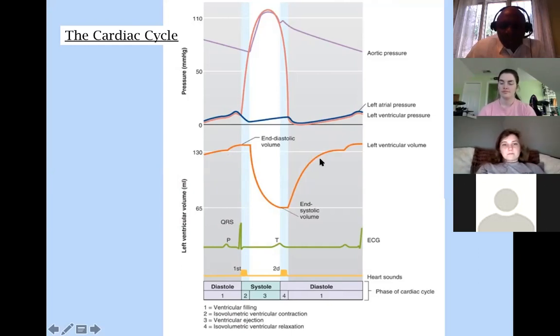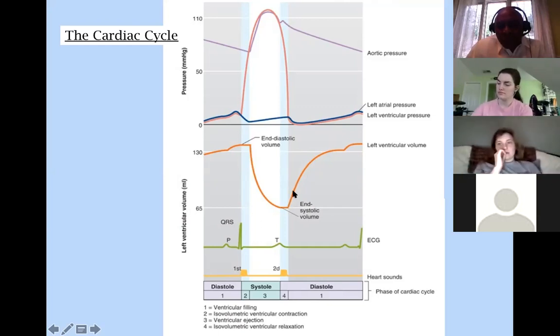This volume is the volume that's filling the left ventricle. The volume is increasing here in the left ventricle because it's flowing from the left atrium to the left ventricle, okay?